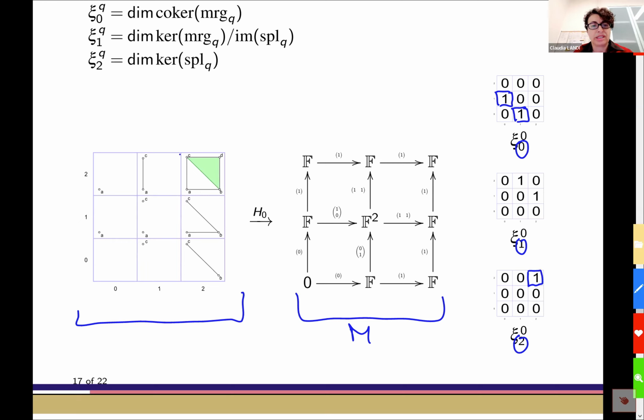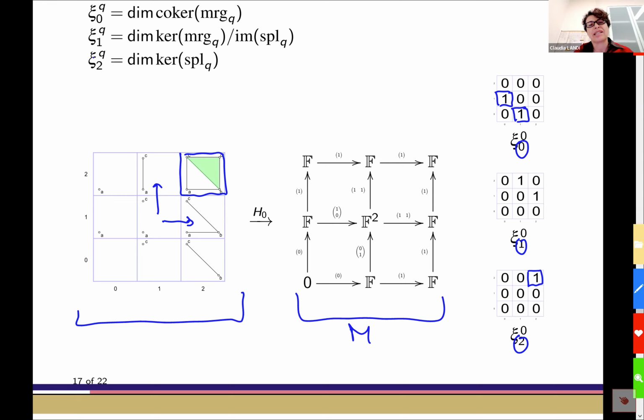And why is it so? Because it is the kernel of the split map. So it tells me that when I move here and here, I get something that goes to 0, that belongs to the kernel of the sum of these maps.